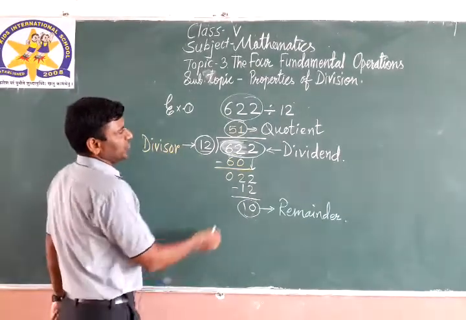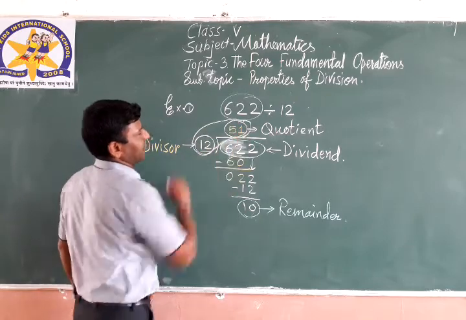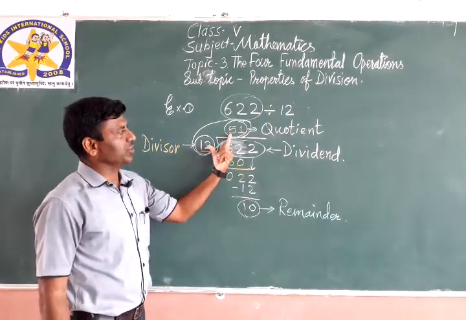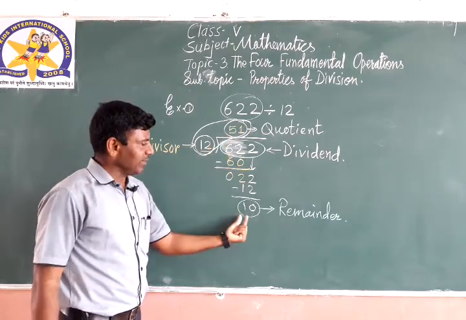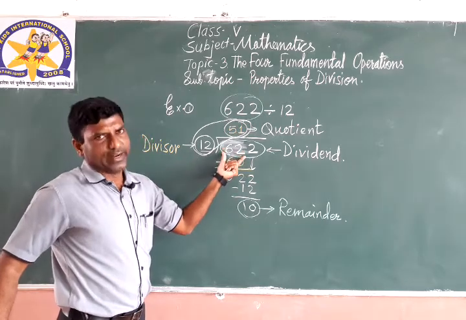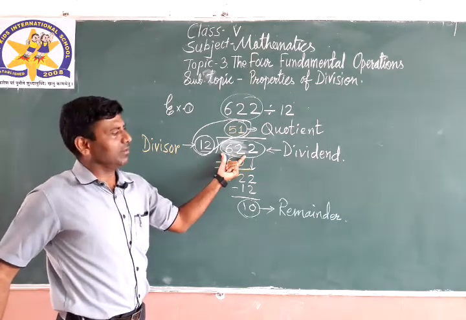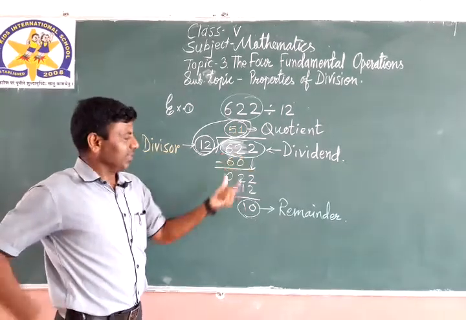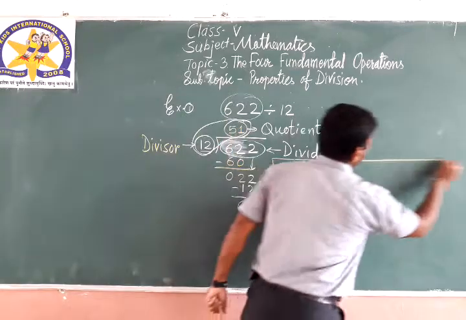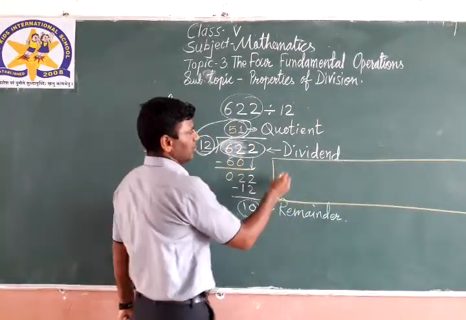Now if you multiply divisor and quotient and add remainder to that, you will get dividend, and when you get dividend, then you can say your answer is right. That's why there is a checking formula. You can write it down in notebook also.